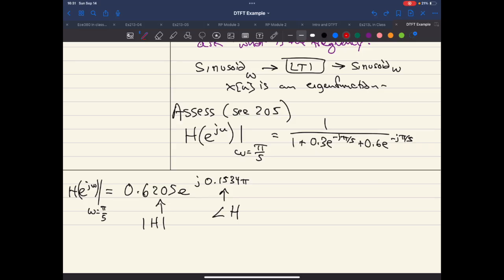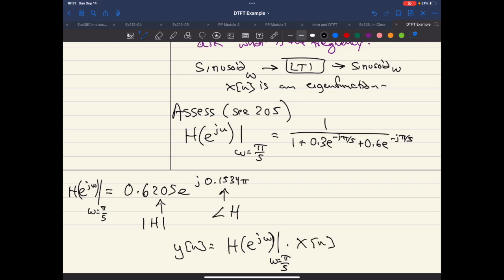So now I can solve this out really explicitly. It's quite easy for y[n]. y[n] is just going to be equal to, well, we'll write this business here first, times x[n].